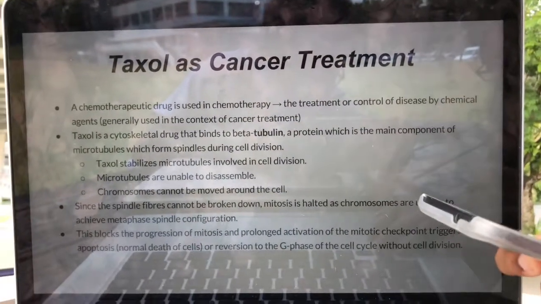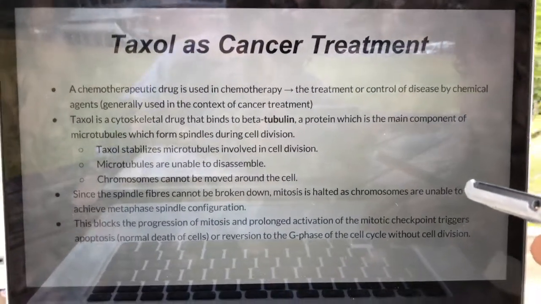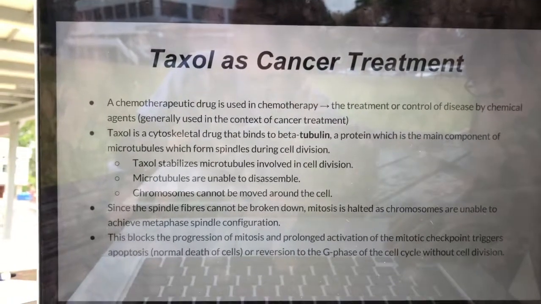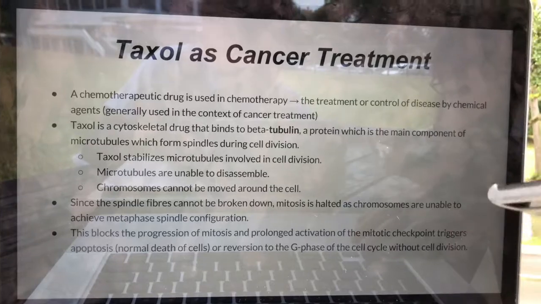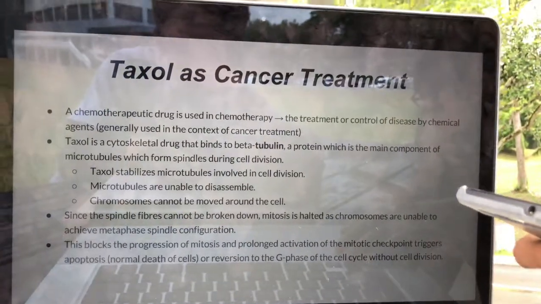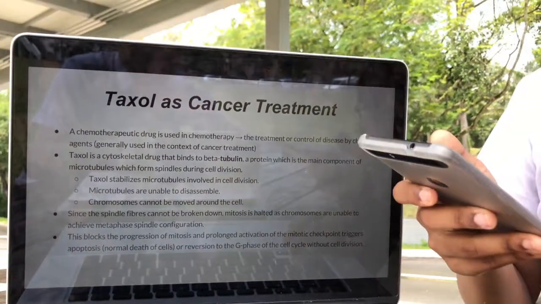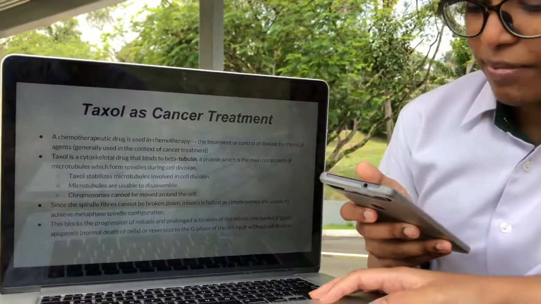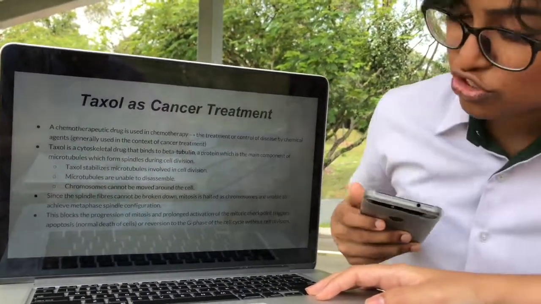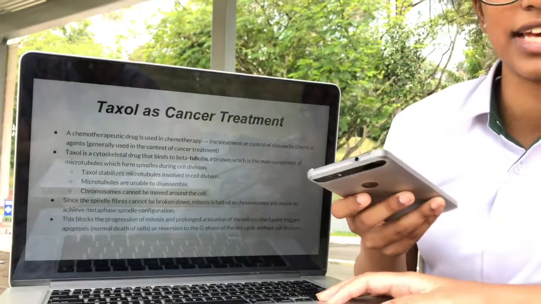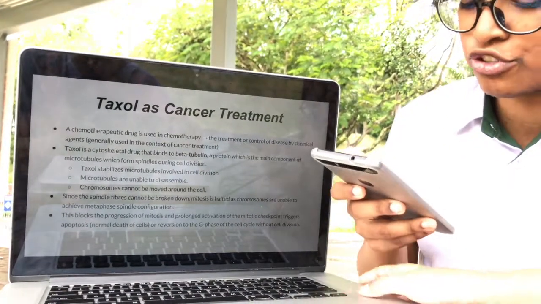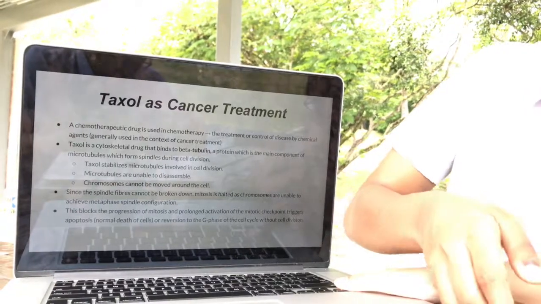So Taxol is used as a chemotherapeutic drug in chemotherapy, which is the treatment or control of disease by chemical agents, and this is usually used in the context of cancer treatment. Taxol is a cytoskeletal drug that binds to beta tubulin. You just need to know the tubulin part, which is a protein and is the main component of microtubules, which form spindles during cell division.